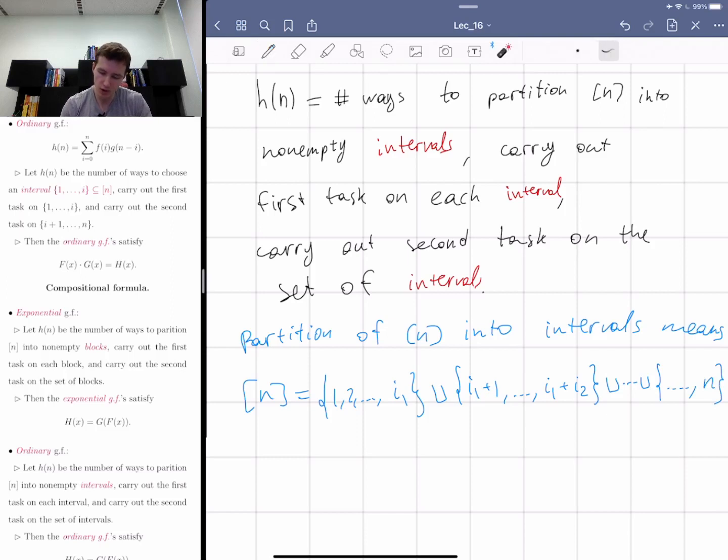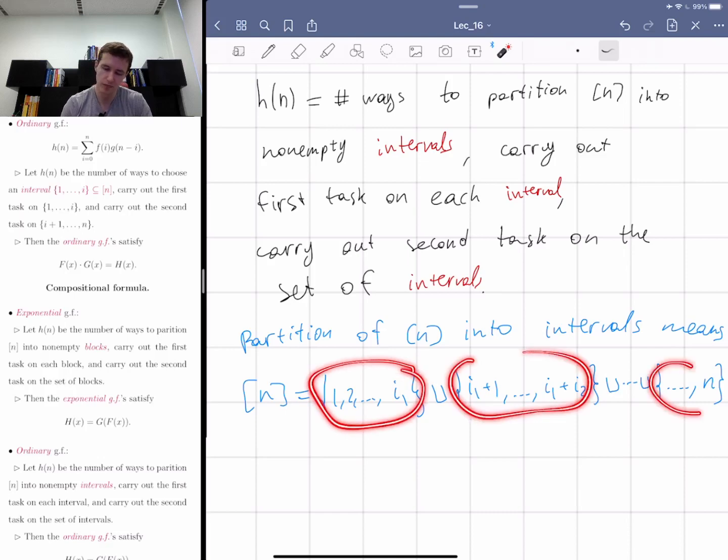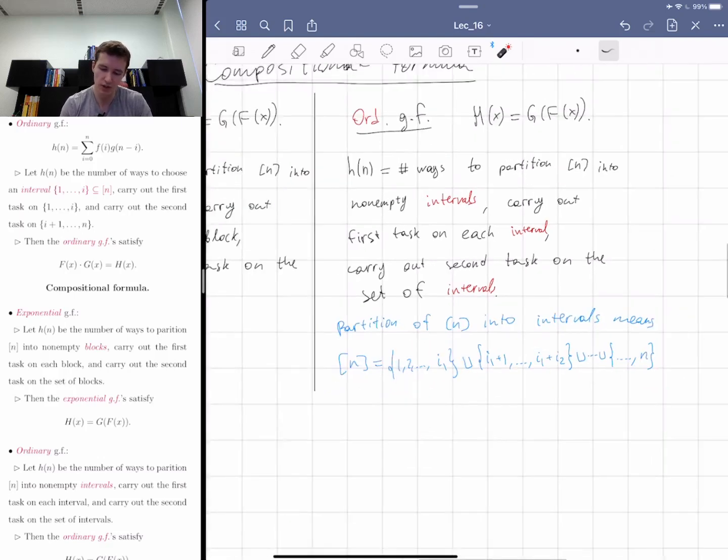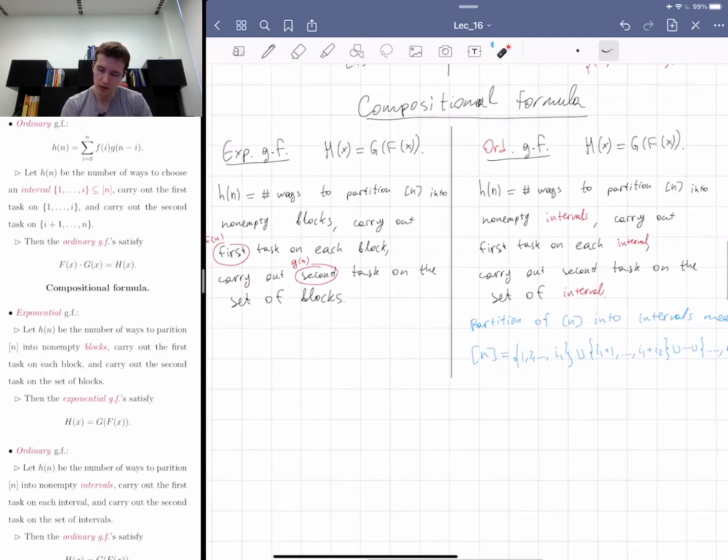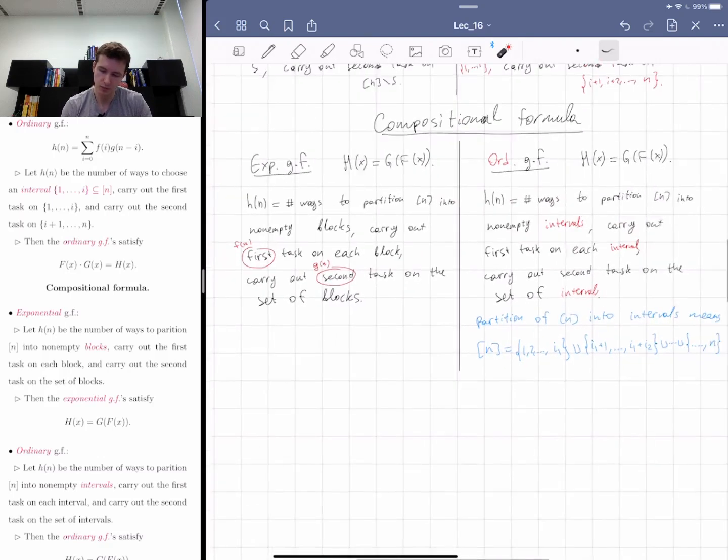So the point is that you partition your numbers into consecutive intervals, and each has to be non-empty for the compositional formula to work. Yeah, and finally, all I have to do is say what happens with the exponential formula.